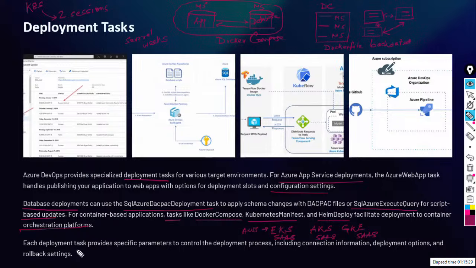Each deployment task provides specific parameters to control the deployment process, including connection information, deployment options, and rollback settings. Yes, rollback is a very important consideration when you try to deploy. Nothing is perfect in this world. You cannot say whatever I am doing will not face any issues.